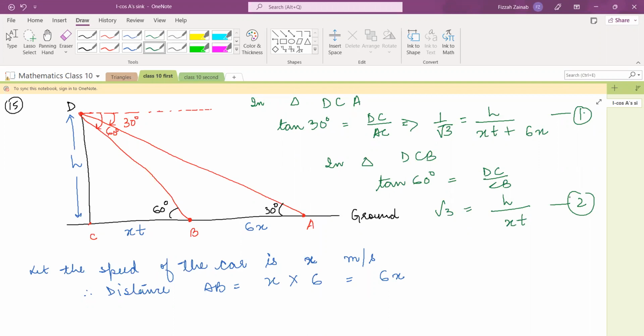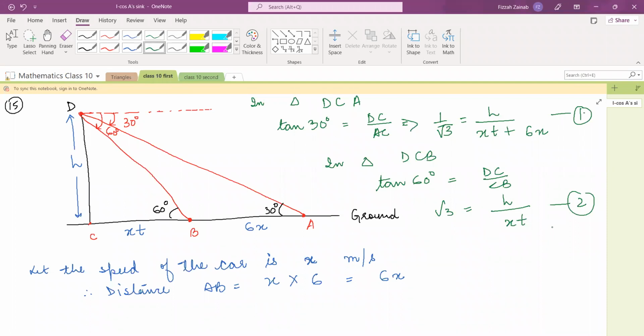I have 3 variables now, H, X, and T. So I have to eliminate one variable. You can see I have H in equation 1, and I have H also in equation 2. So from 1 and 2, I can find the value of H and then equate it. So H will be gone, right?